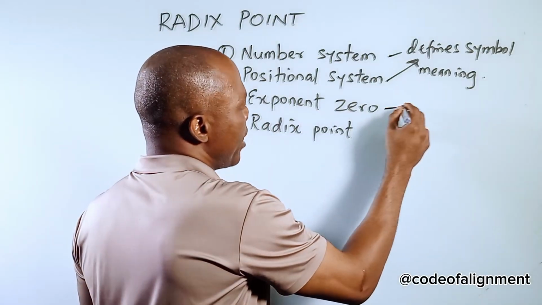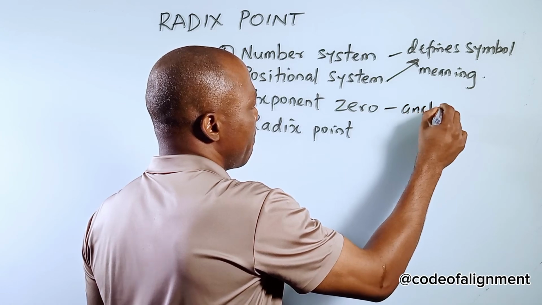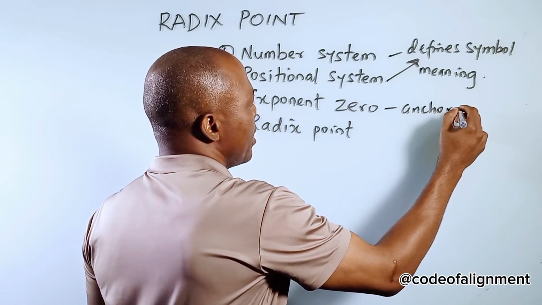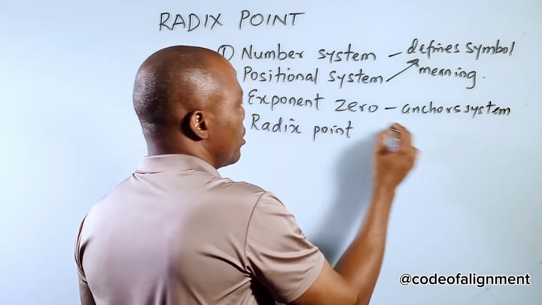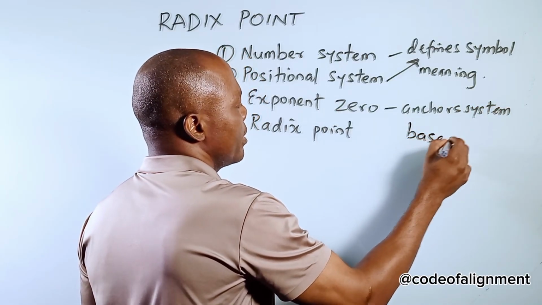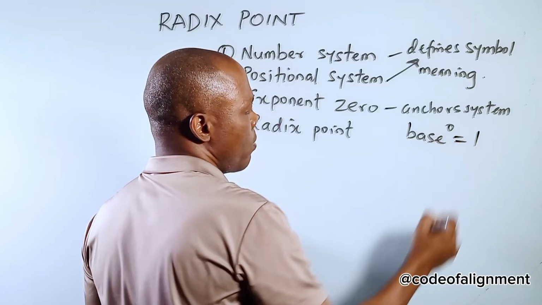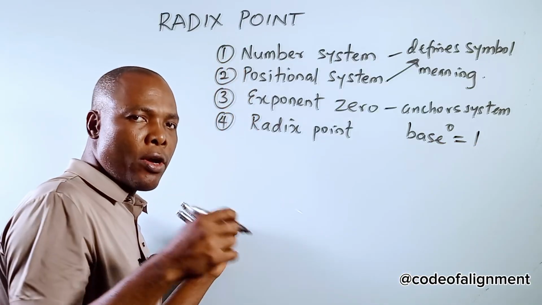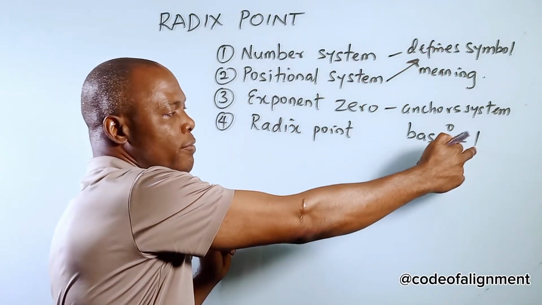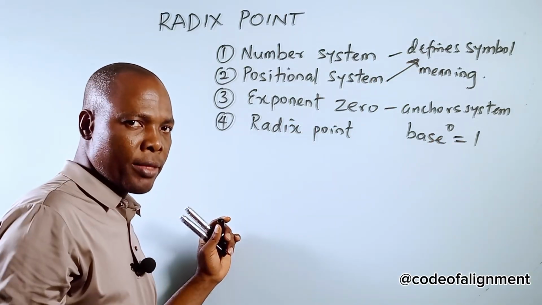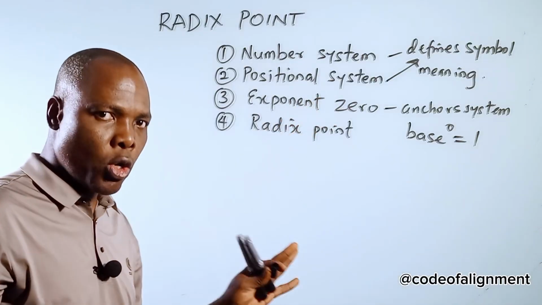Then exponent zero anchors the system, because base raised to power 0 equals what? 1. Then every other digit that we are going to count or symbol we are going to use will be in reference to this 1. So that is what we have discussed so far.